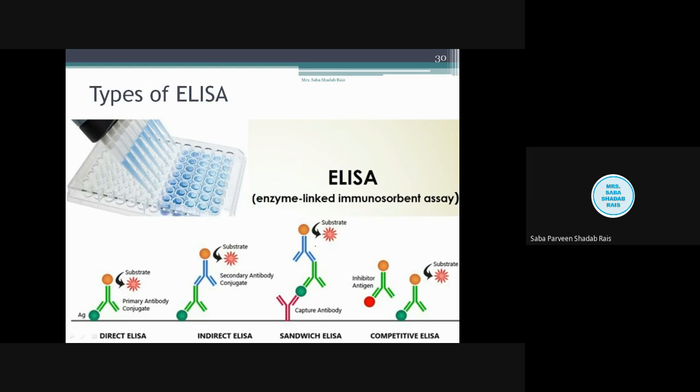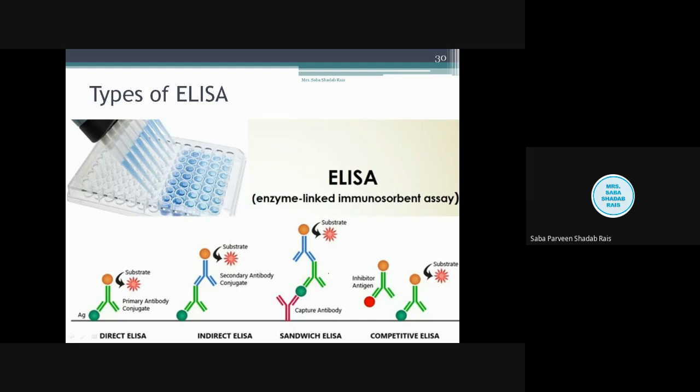Now this second antibody will be known as the detection antibody. So this captured antigen can be detected either way. Here the indirect ELISA test has been used, but it can even be detected with the direct ELISA test.